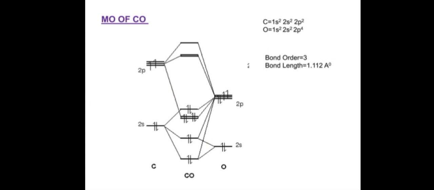Again we have to follow the same configuration order from H2 to N2, that is the 2 to 14 electrons principle, with its energy level order, and the oxygen to neon order for above 14 electrons. We will take the CO molecule into consideration, but the main important aspect is that we should not draw these atomic orbitals with the same energy.